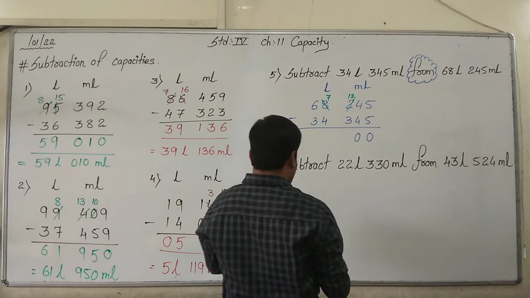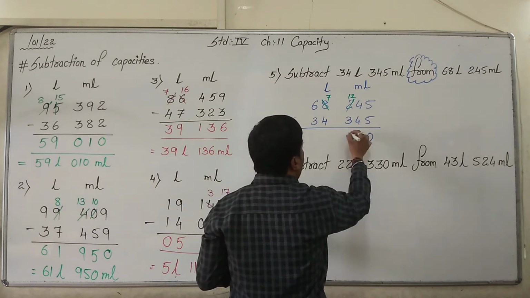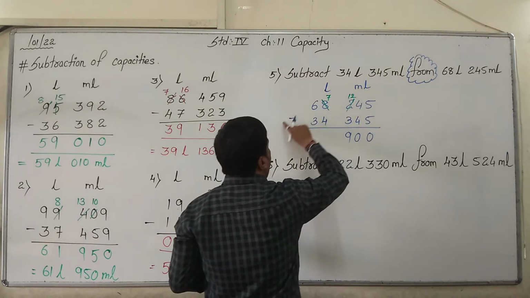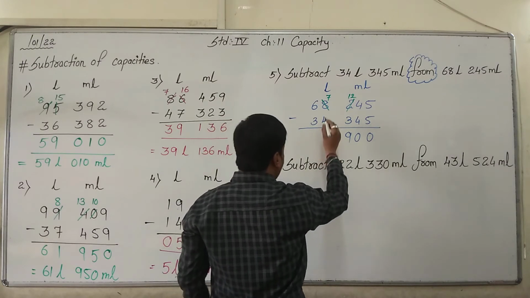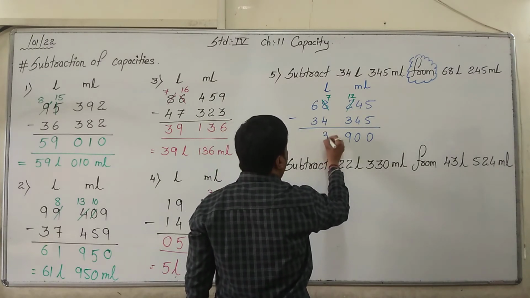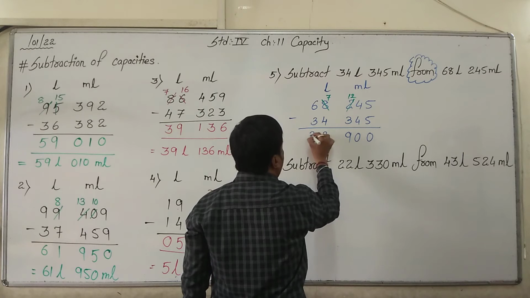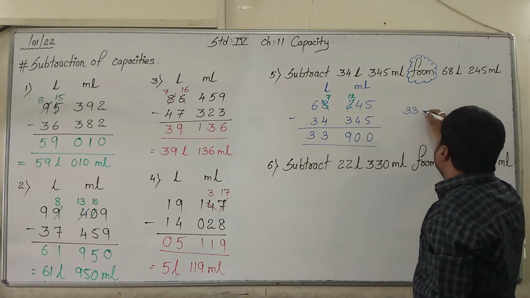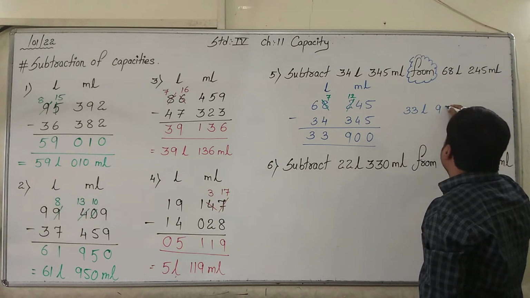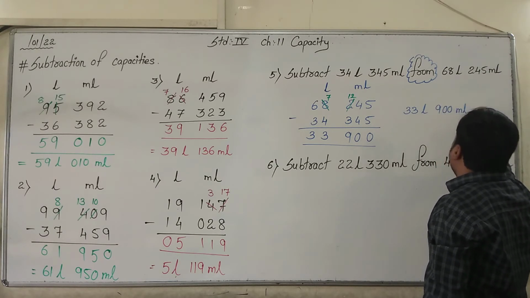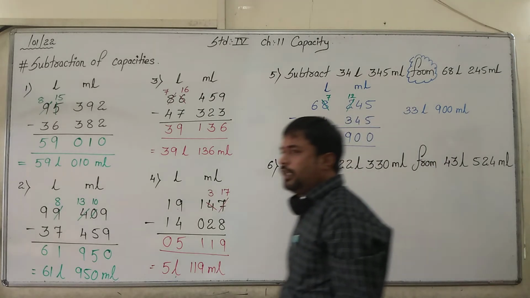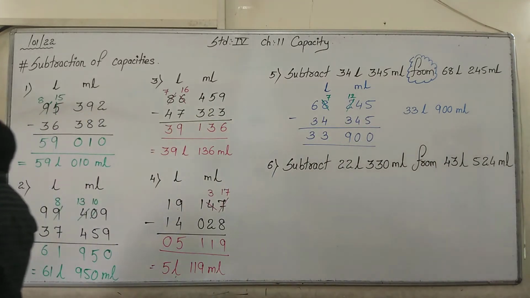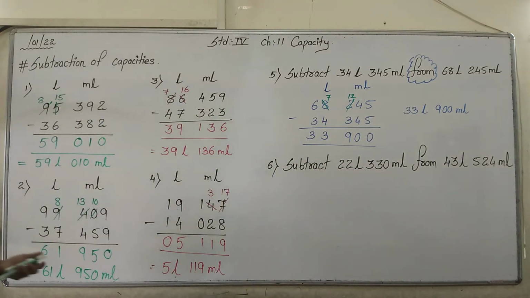So again 12 minus 3 will be 9, 7 minus 4 will be 3, and 6 minus 3 will be 3. So the answer will be 33 liters 900 ml. Right? Are you getting me? Whenever "from" arises, be careful with that.